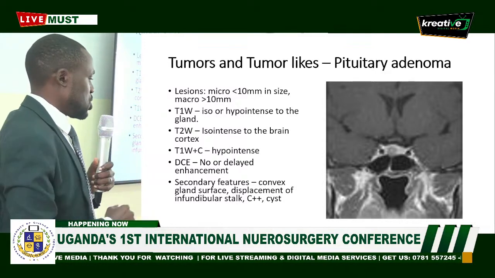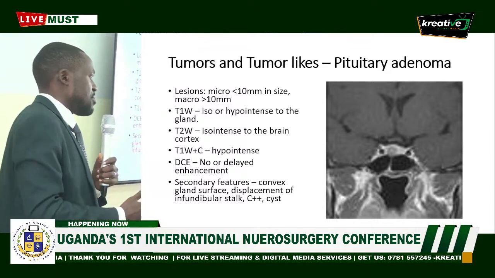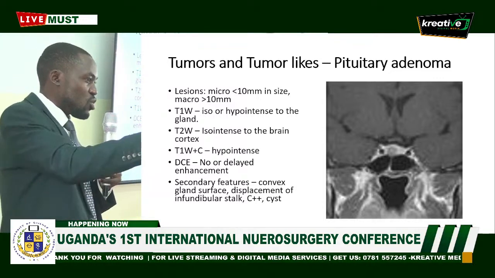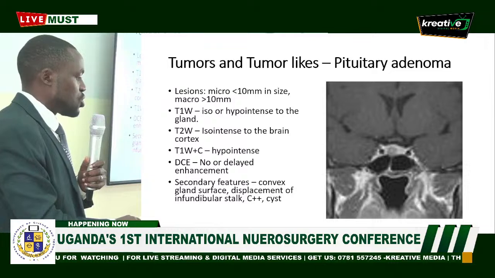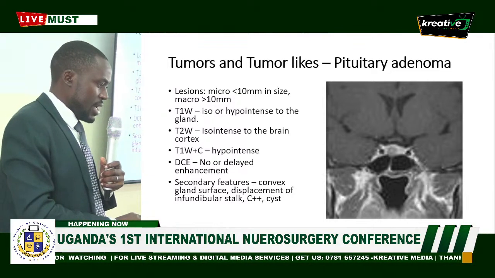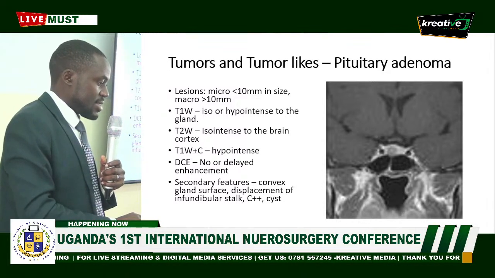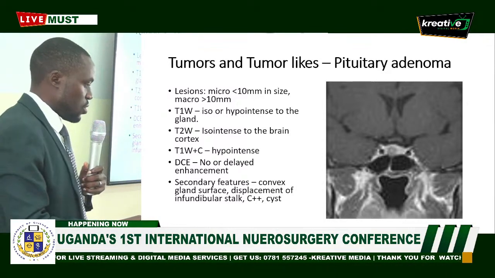So it's crucial that we do these dynamic contrast enhancement images, because they can clearly help us. Even when we've not been able to appreciate the adenoma, with this series we are able to see it. In this image I've included here, you can see this hypointense lesion within the pituitary gland, which was a microadenoma.